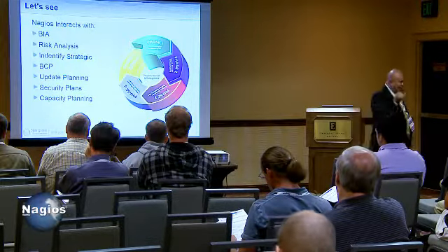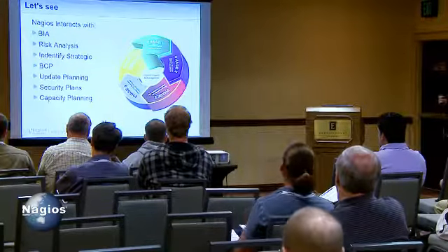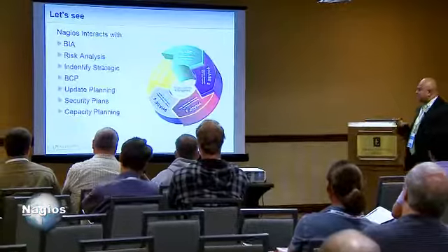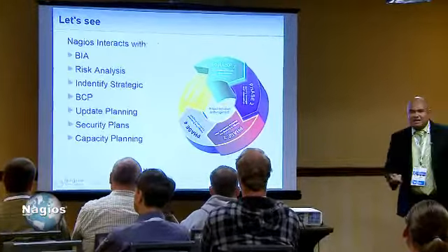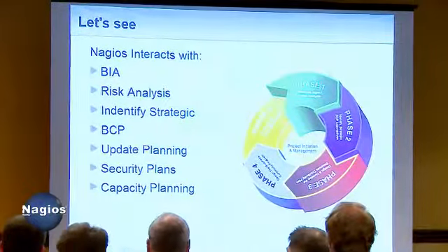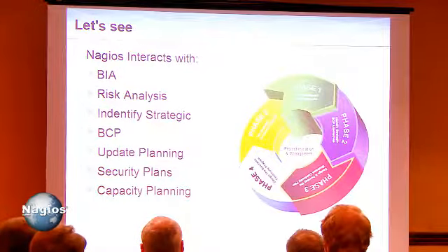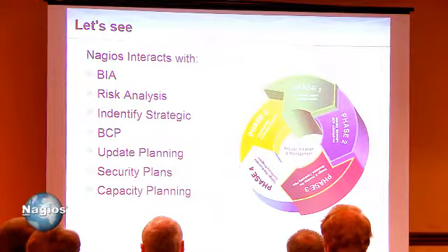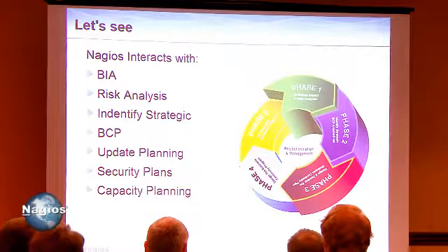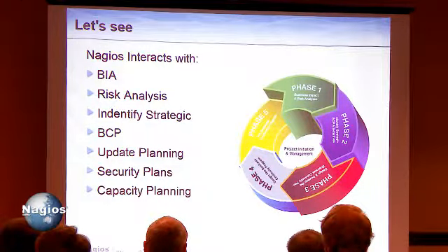Nagios interacts with BIA, business intelligence, risk analysis, identify strategic, BCP, update planning, security planning, upgrade planning, downtime planning, and capacity planning. Nagios complies with this. Phase 1: Nagios helps in business impact and risk analysis. And the second phase: identify and BCP, business continuity plan.